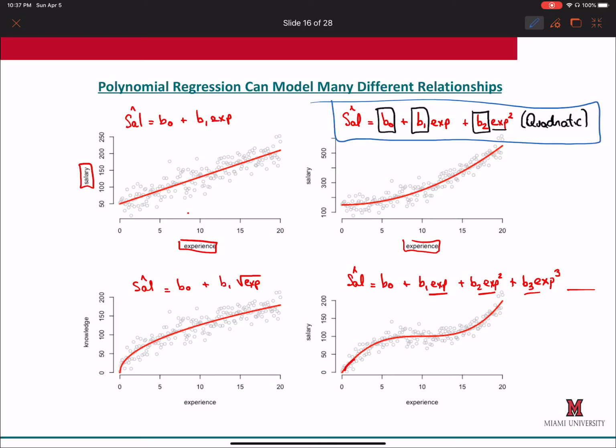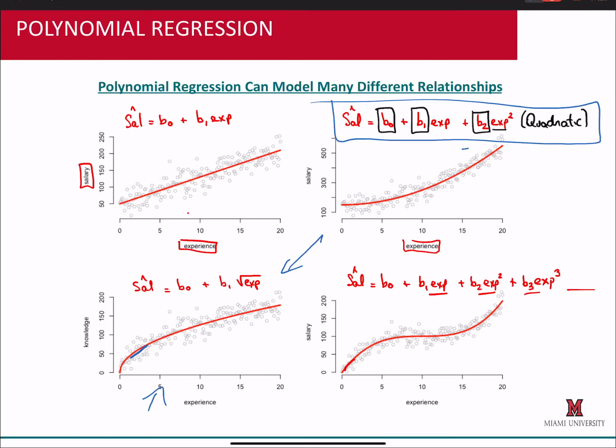If we have a relationship that looks like this, a square root trend, we could still model it pretty well with the quadratic term. It's only that the slope of the experience squared is going to be negative, and it will do a good job in that kind of problem.